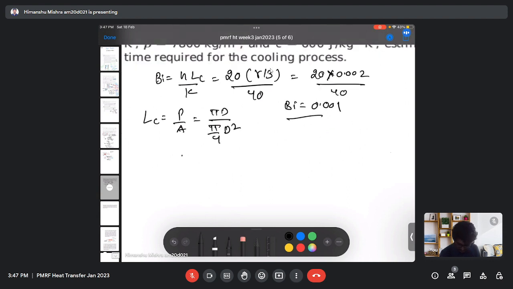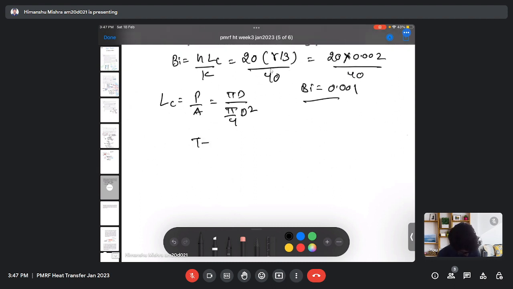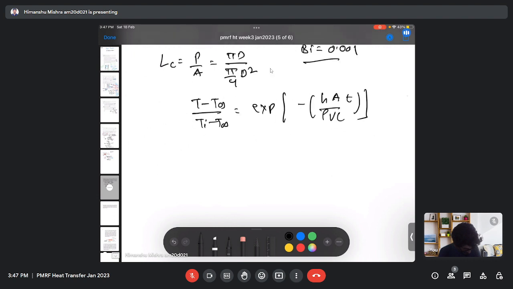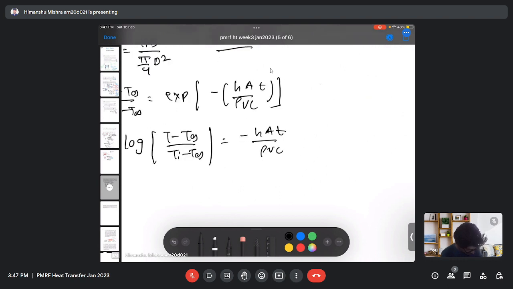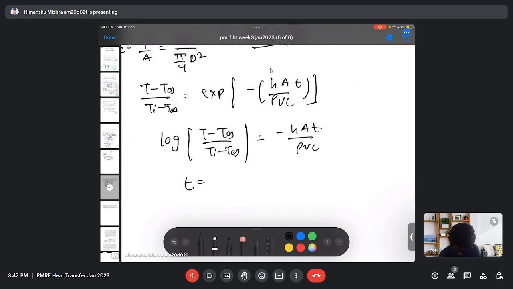So once we get the Biot number, we can just use the formula here. We can take a log, and then we can write time as rho V c by hA times the log term.